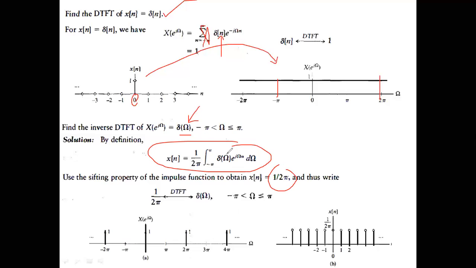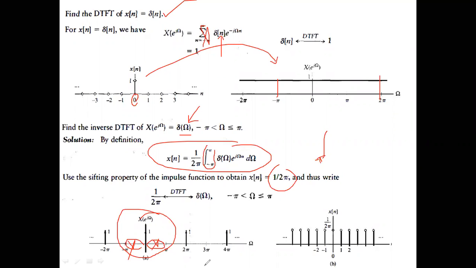Now see, here there is an integration we should do from minus pi to pi, but from minus pi to minus 0 and plus 0 to pi, there is nothing, right? It's only 0. That is why the whole integration does not come into the picture at all, and we need not take this integration into consideration.